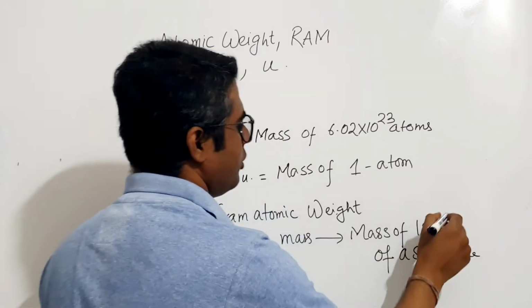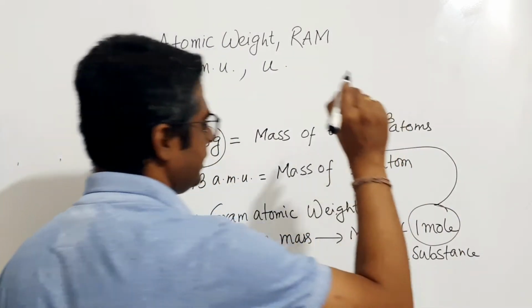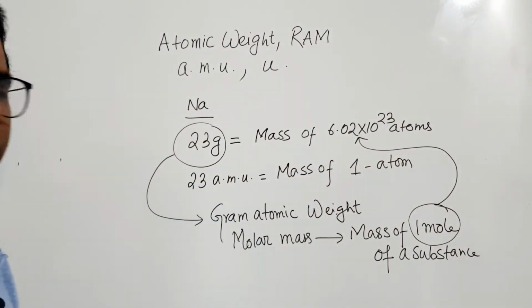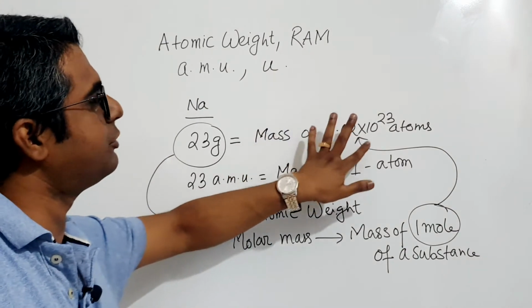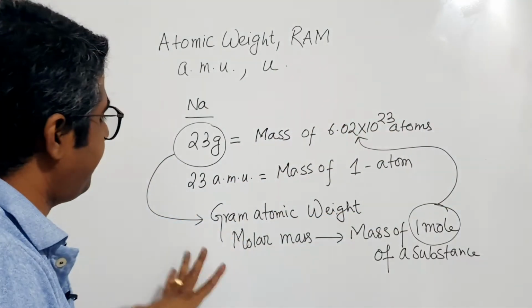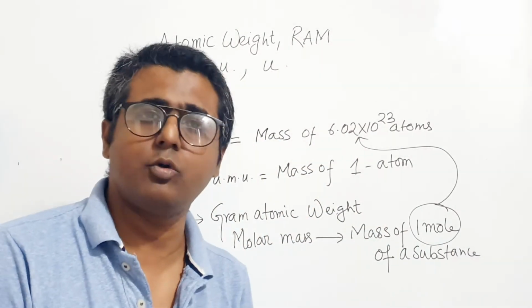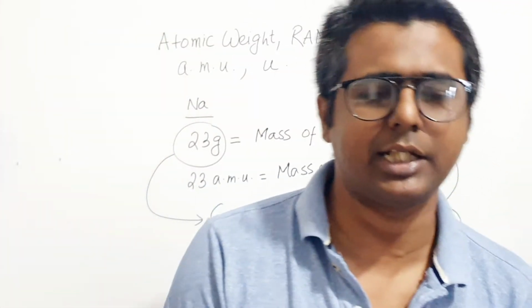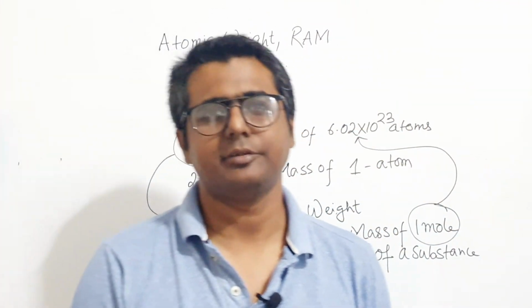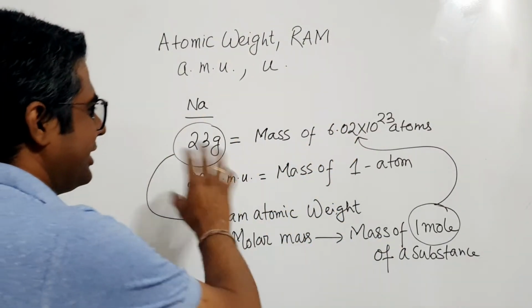What is 1 mole? 1 mole means nothing, just Avogadro's number. Here I have written the mass of 6.02 into 10 to the power 23 atoms, and here the mass of 1 mole of atoms. So, rather than writing 6.02 into 10 to the power 23 atoms, I can write 1 mole. So, this is 23 gram, 23 AMU.